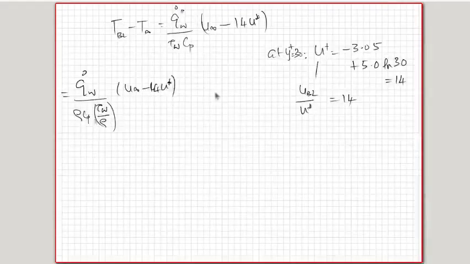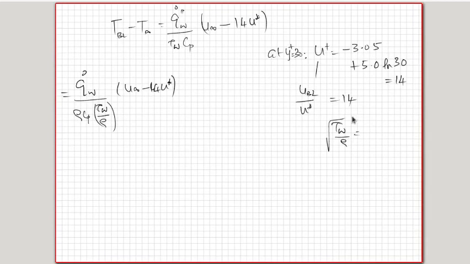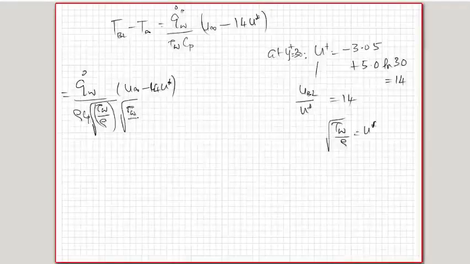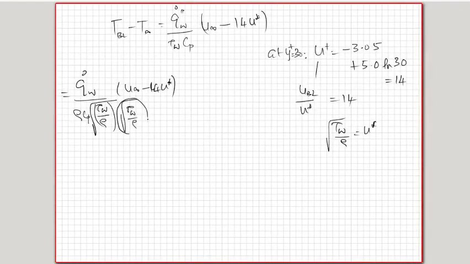Okay, so now square root of tau wall by rho is u star, right? So this is one square root of tau wall by rho I can keep here. So I'll write it as square root of tau wall by rho into square root of tau wall by rho. This I can take as u star and take it this side.